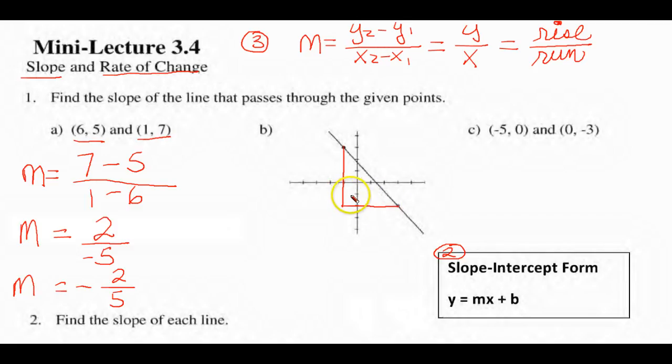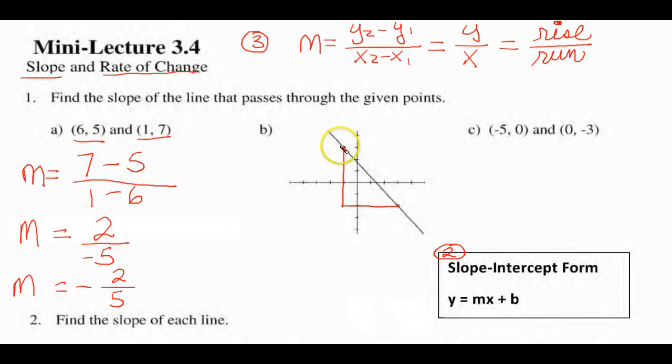And there's a right angle right there. And this line would represent the rise. And this line would represent the run. And we want to find out what that ratio is.